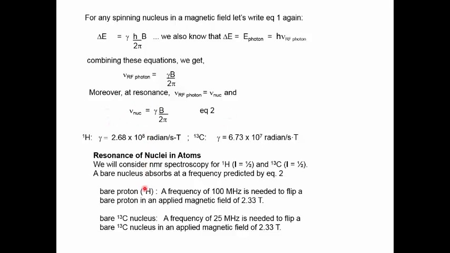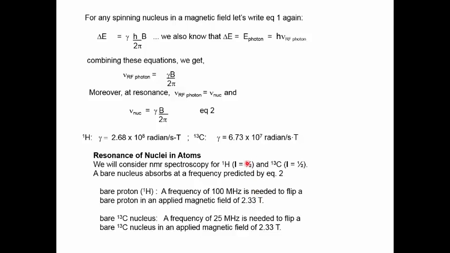If you have a bare, spinning proton, equation 2 tells us that it will take a frequency of 100 megahertz to flip the bare proton in an applied field of 2.33 teslas. If you have a bare C13 nucleus, equation 2 tells you that a frequency of 25 megahertz is needed to flip the bare C13 nucleus in an applied magnetic field of 2.33 teslas.